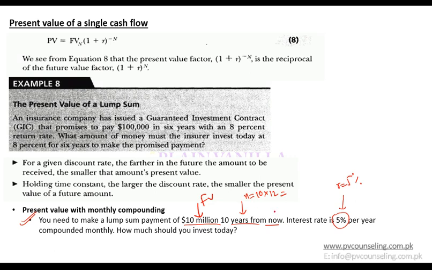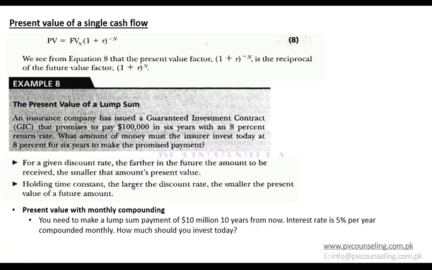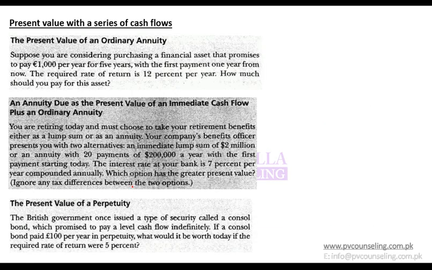You put in present value as 0. You put in future value as 10 million, and when you compute PV, it will be 6.07 million for monthly compounding. So simply the same method remains the same. You only have another variable missing, so you can find that out.